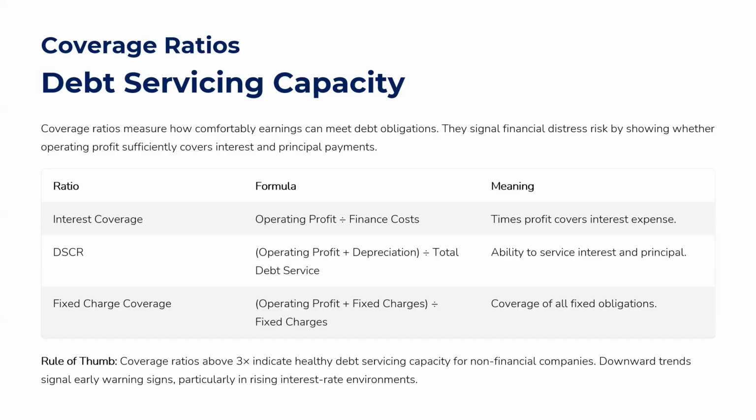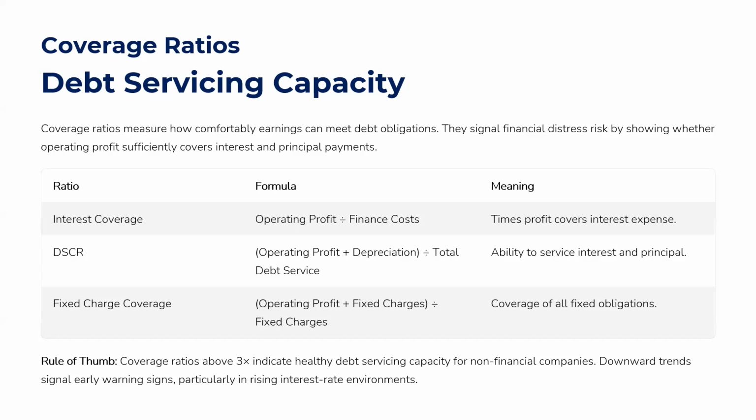All right. So we're looking at coverage ratios, and when we're talking about coverage, it's actually looking at the debt serving capacity of the business. The coverage ratios that we have measure how the earnings can meet the debt obligations.